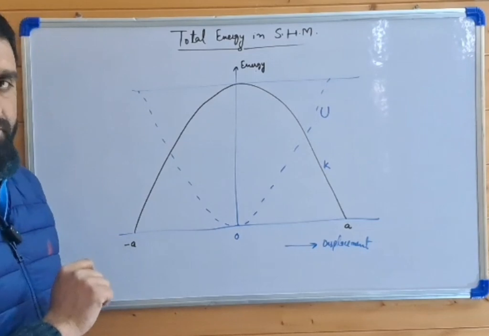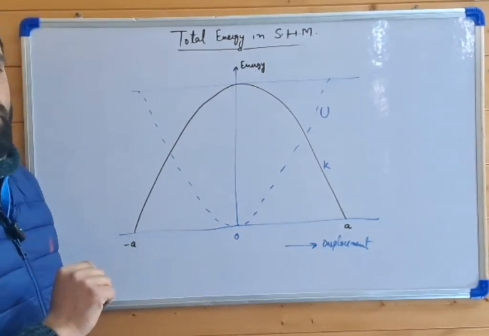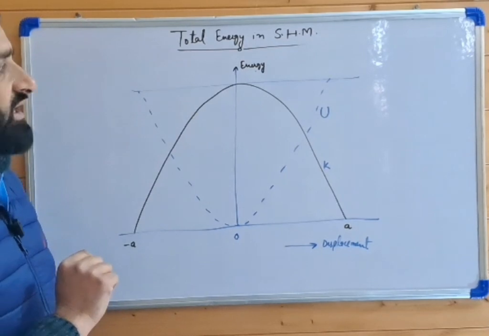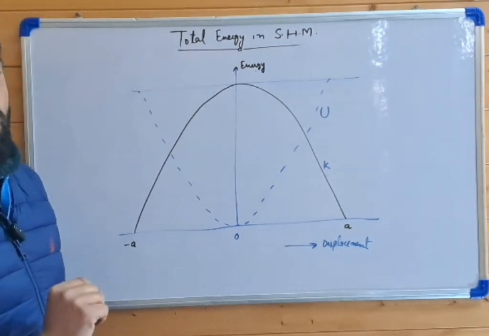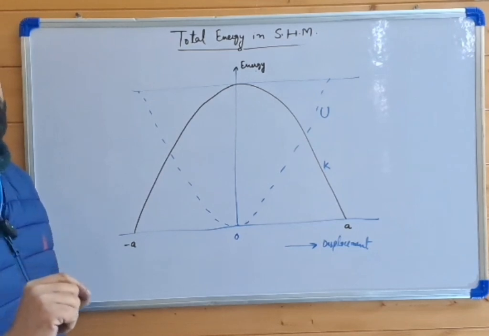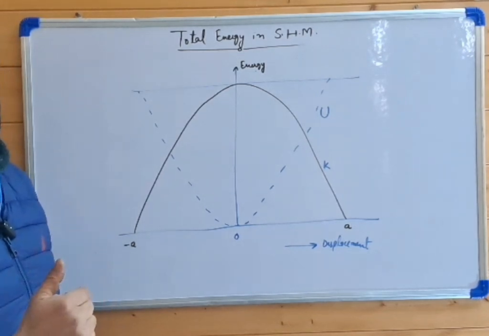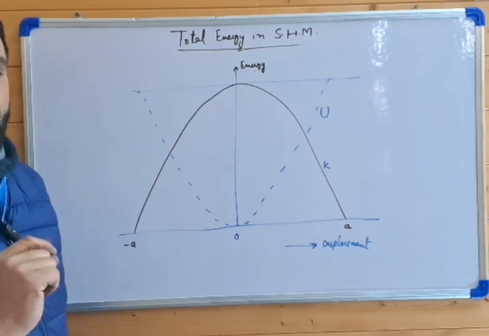At mean position, the value of the dotted curve is equal to 0, and the value of the solid curve, that is kinetic energy, is equal to the maximum. So we can see that at the mean position, the total energy is in the form of kinetic energy, and at the extreme position, the total energy is in the form of potential energy.